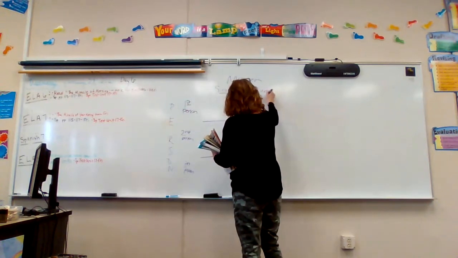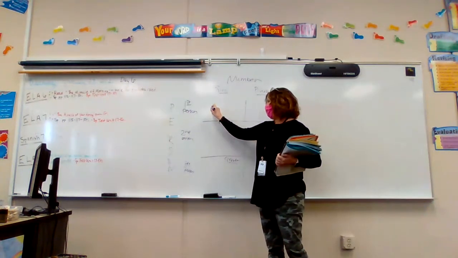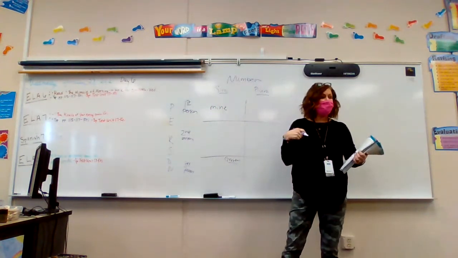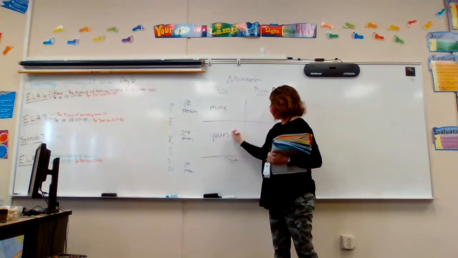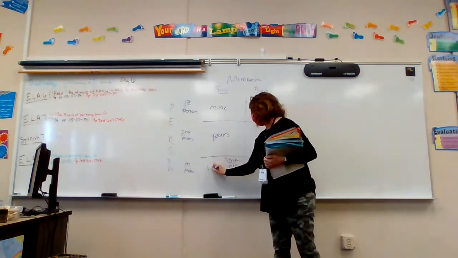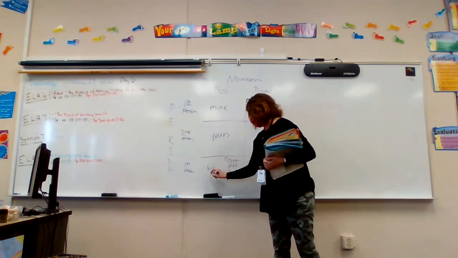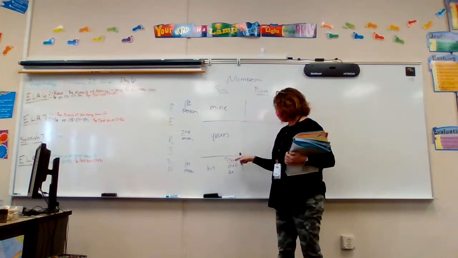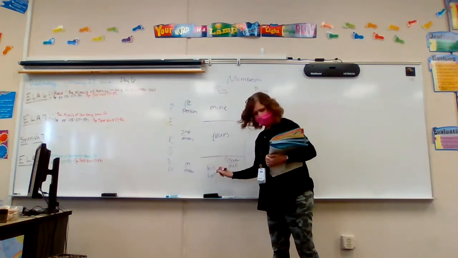So, the first person singular possessive pronoun would be mine. That is mine. Okay. The second person would be yours. Third person singular masculine, his. Third person singular feminine, hers.